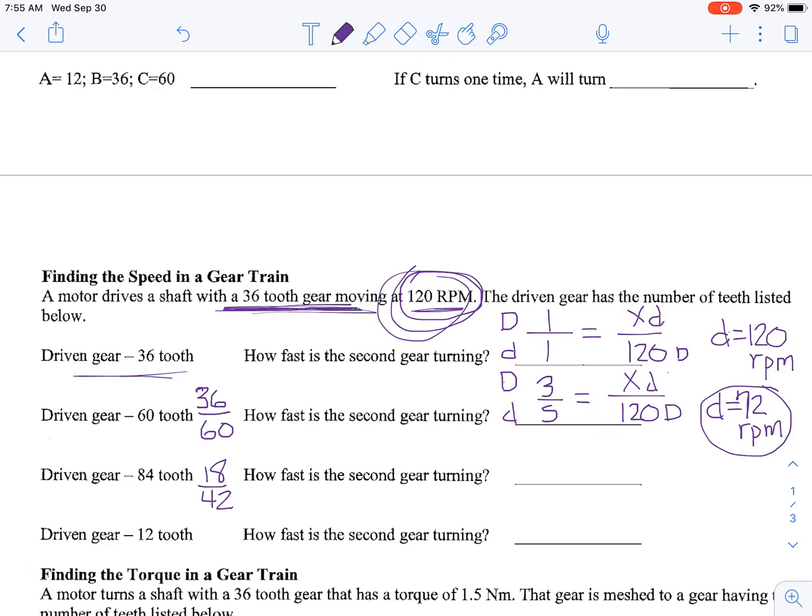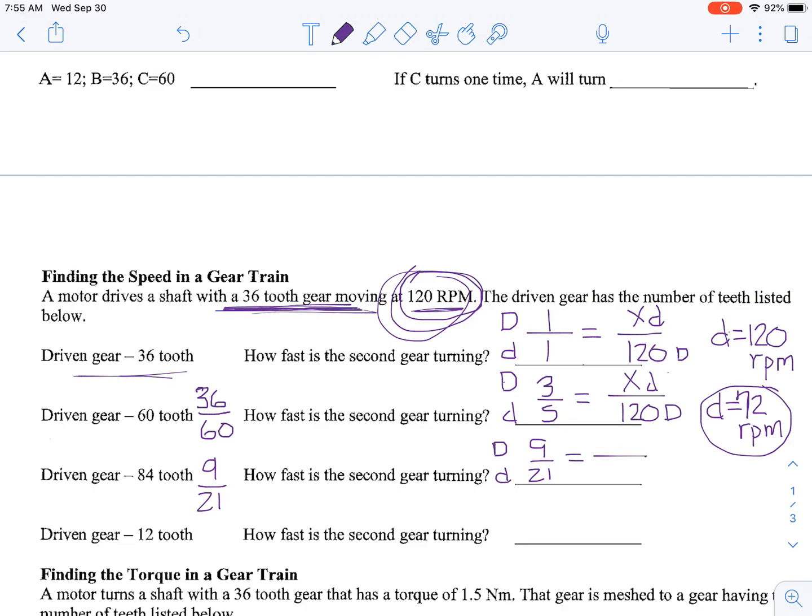And I know those are both even numbers, so I know it'll go again. 18 divided by 2 is 9, and 42 divided by 2 is 21, and I think that's the lowest I can get. So 9 and 21, and you've got your driving gear and your driven gear.